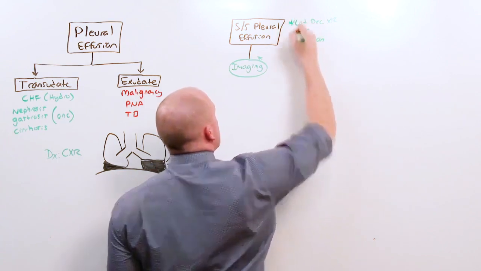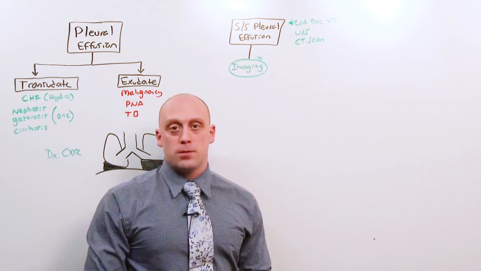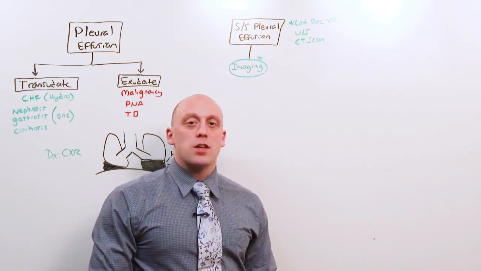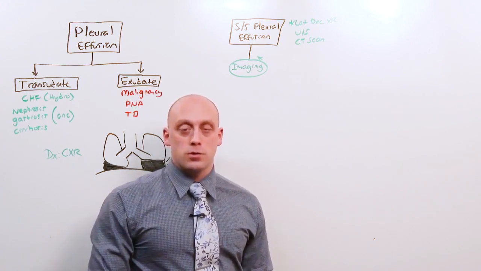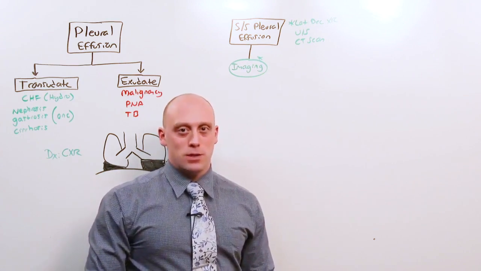If you have to pick from this list, choose lateral decubitus x-ray film because it's the cheapest. What you're doing with each of these tests is trying to figure out if this fluid is loculated or not. Is it a simple pleural effusion that you can go into with a needle, or is it complicated and you need a surgeon?